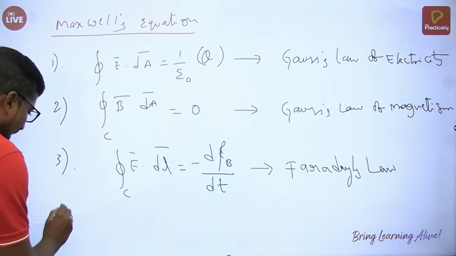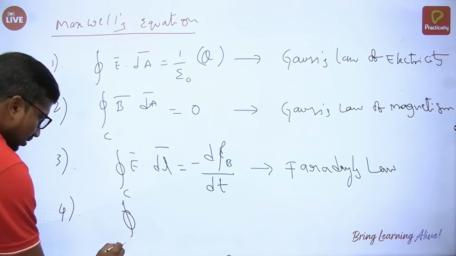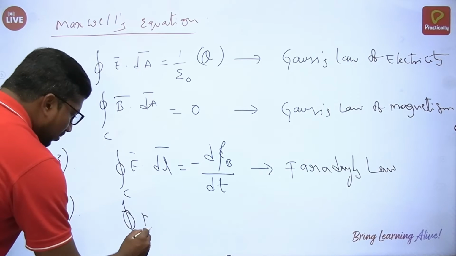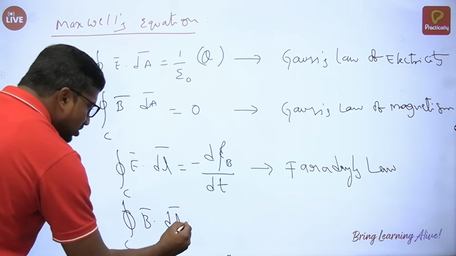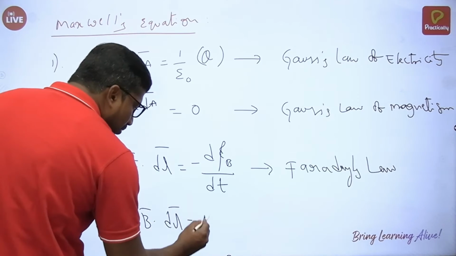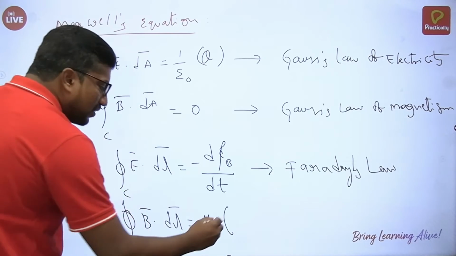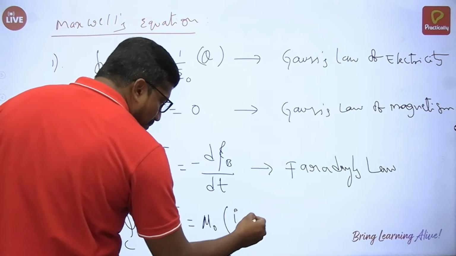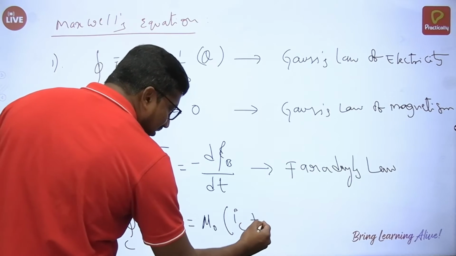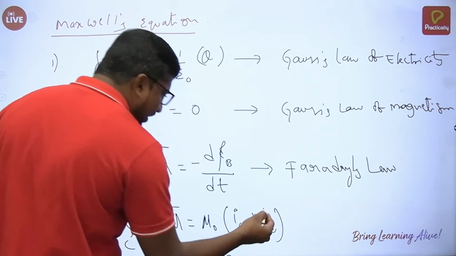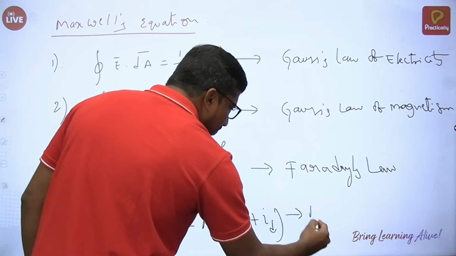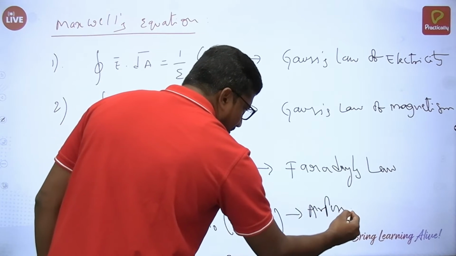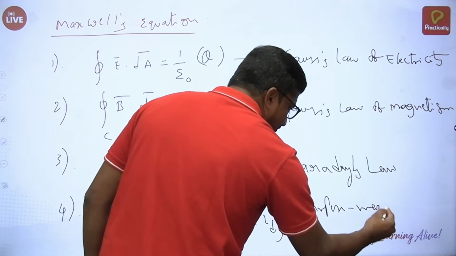And then another one is the line integral of the magnetic field over a closed path, which is equal to mu naught times the sum of the currents flowing in the circuit, that is, the conduction current as well as the displacement current. This is called Ampere-Maxwell law.